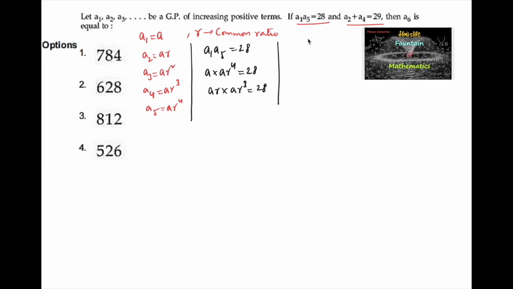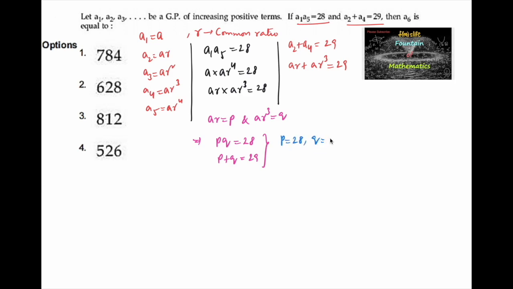Similarly, A2 plus A4 is equal to 29, that is ar plus ar power 3 is equal to 29. So for some time let us consider ar is equal to P and ar cube is equal to Q. Which implies P into Q is equal to 28 and P plus Q is equal to 29. So we can consider P is equal to 28, Q is equal to 1, or P is equal to 1, Q is equal to 28.